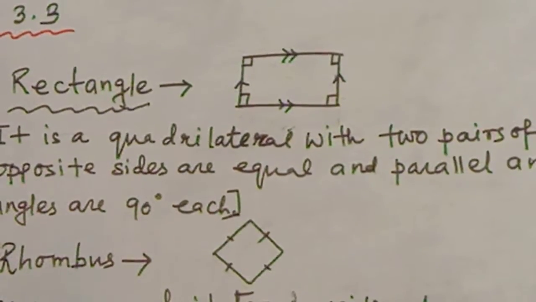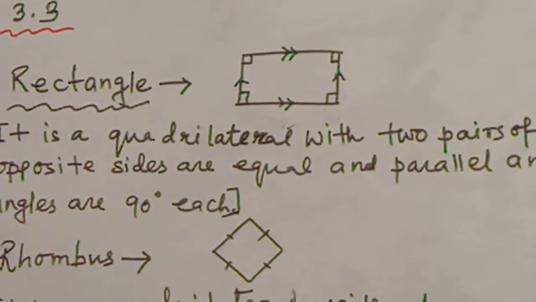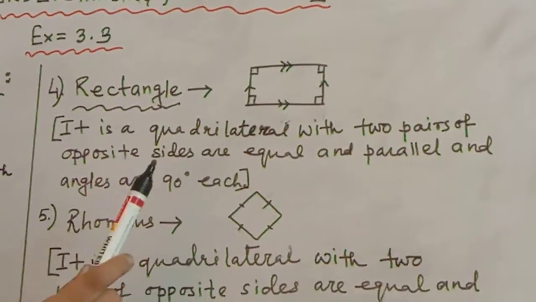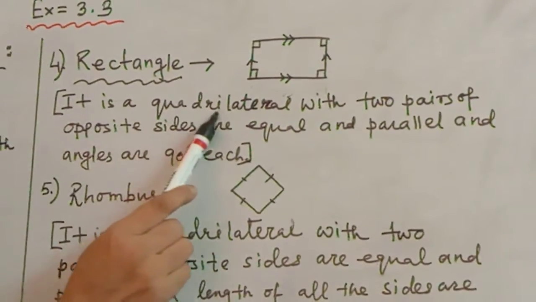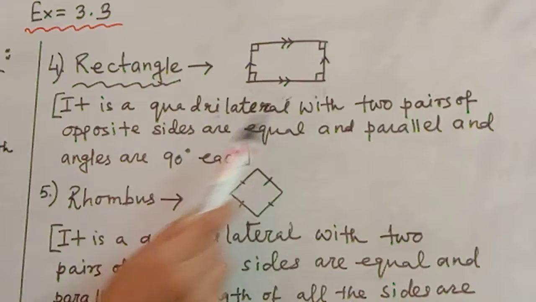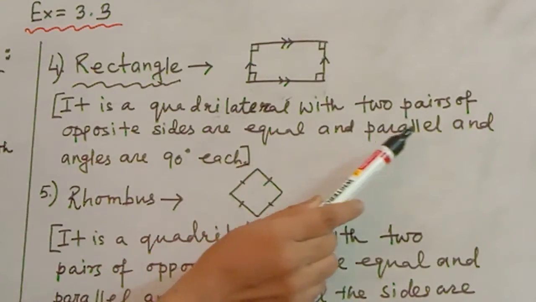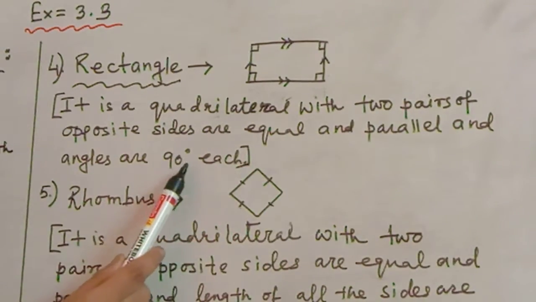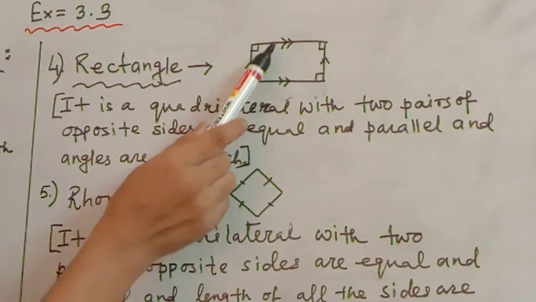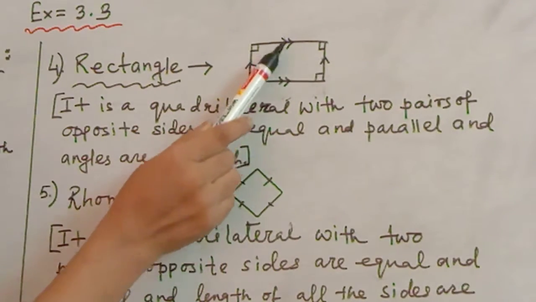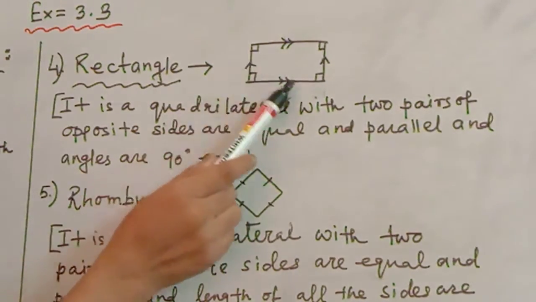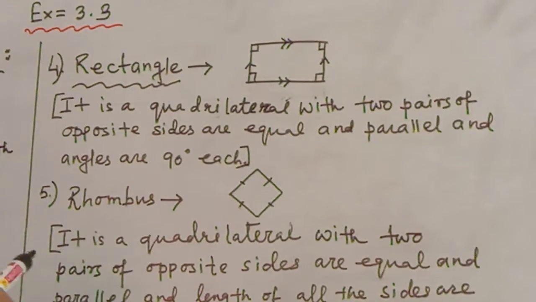No definition will come as such in your question, but the concept is very important. It is a quadrilateral with two pairs of opposite sides equal and parallel, and the angles are 90 degrees each. Come to the next one.